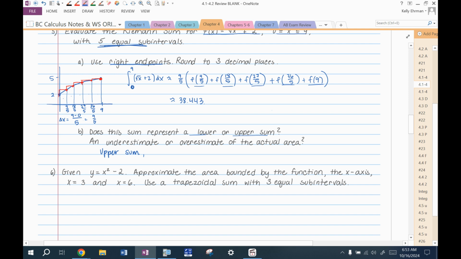I can see that. That's what upper sum means. Upper sum, overestimate. It doesn't ask to explain, but the explanation would be because f is increasing, the right sum is the upper sum, and an upper sum is an overestimate.